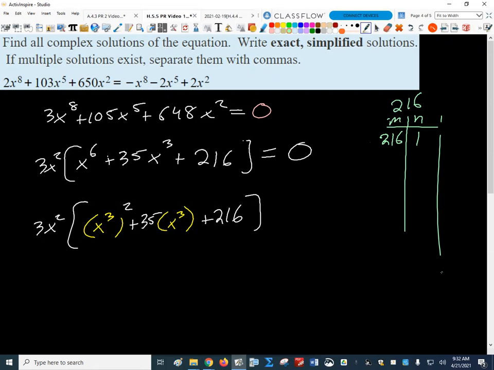And then if we look at the sum, it needs to be 35, so that's way too big. We got to get those numbers closer together. The closer the magic numbers get together, the smaller the sum. 24 and 9, there you go. Those add to, ooh, that's close, real close.